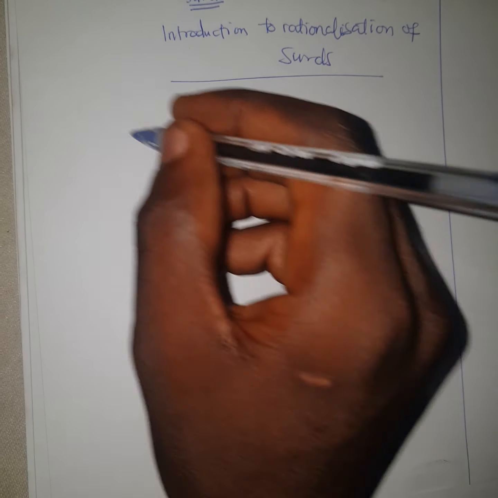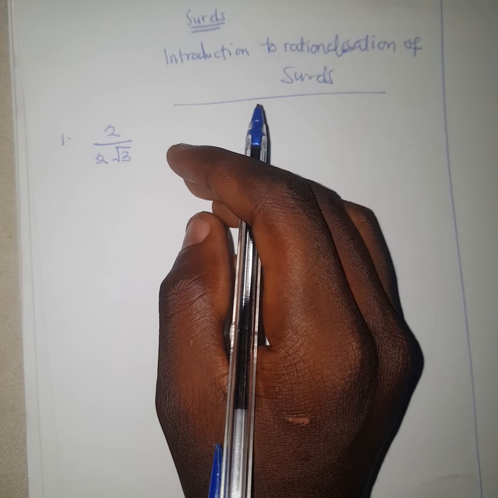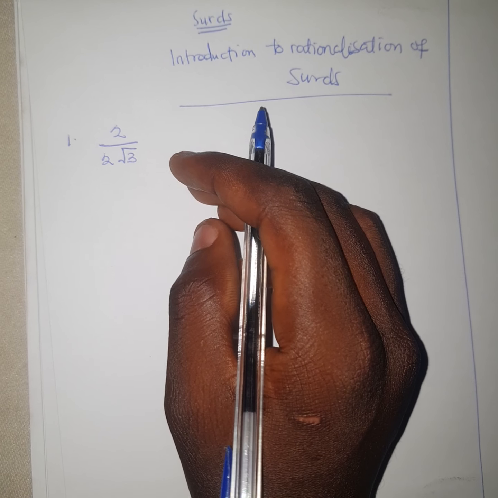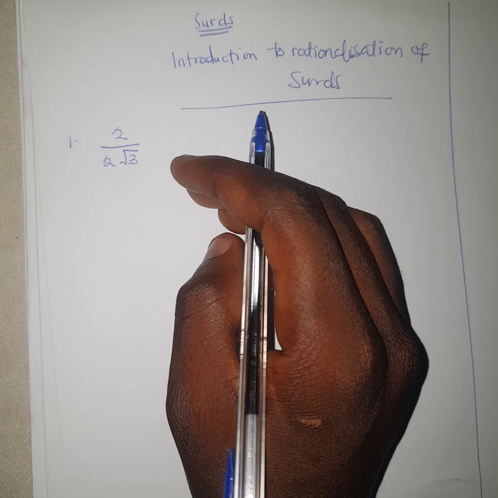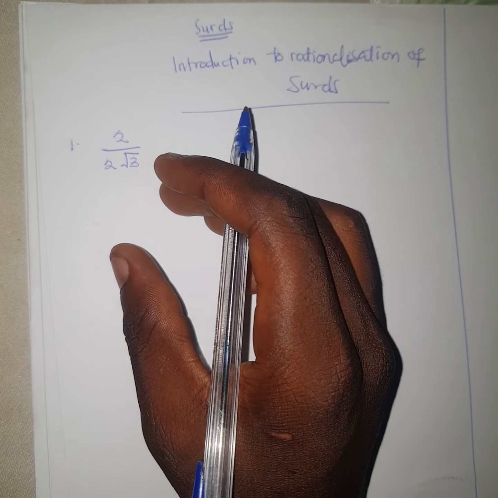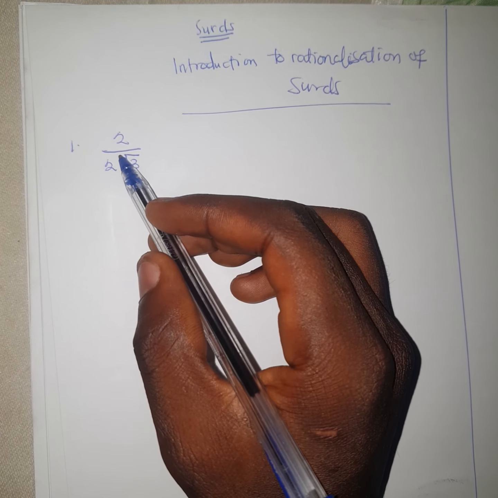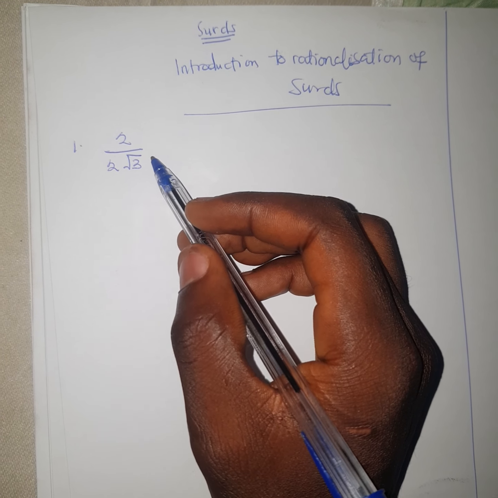Now, the first example we want to look at is 2 over 2 root 3. In the previous lesson, we learned that what we mean by rationalization is taking away the surds at the denominator of every surd given in a fraction form.